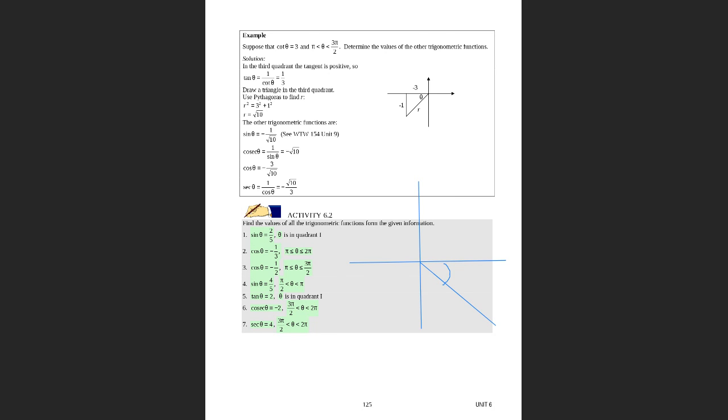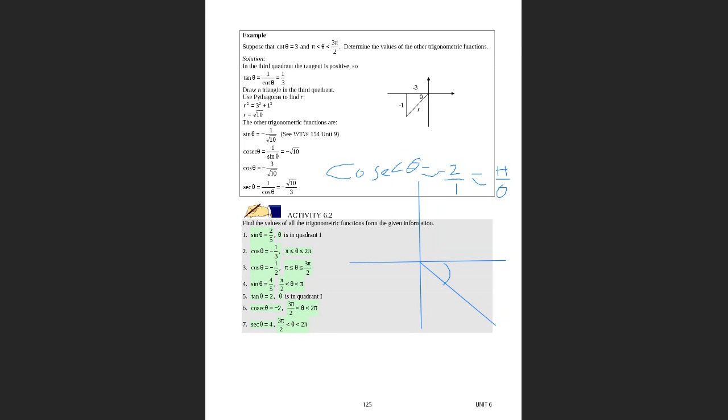We know that cosec is hypotenuse over opposite. So cosec theta equals -2, the same as -2 over 1. You see that?